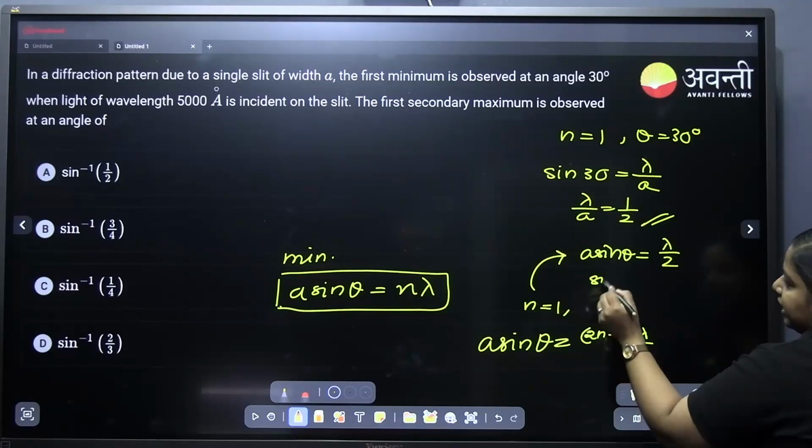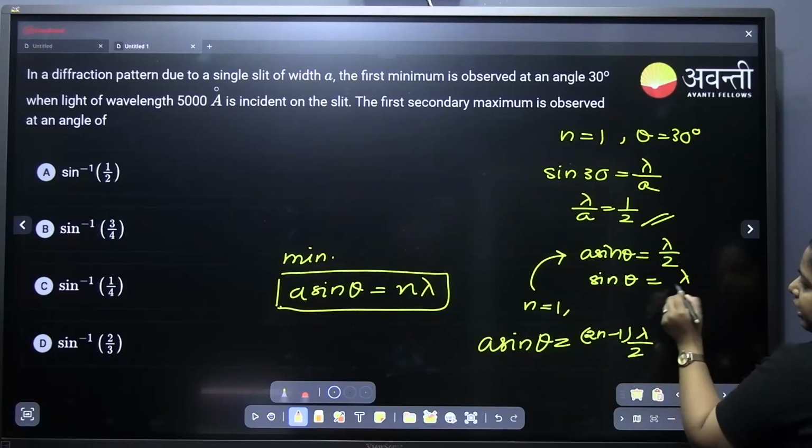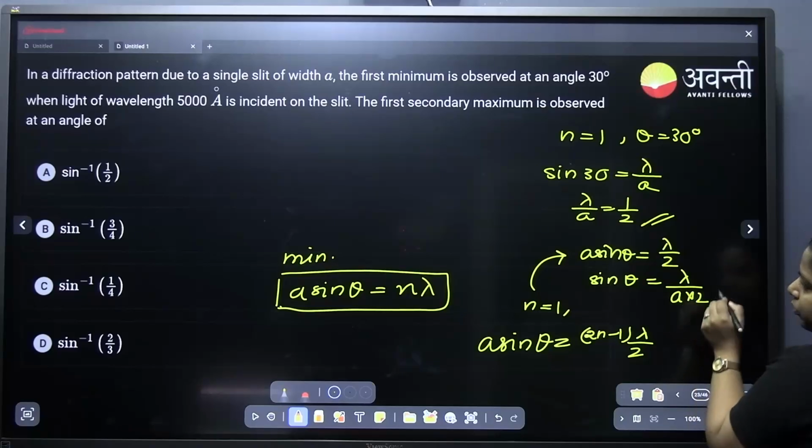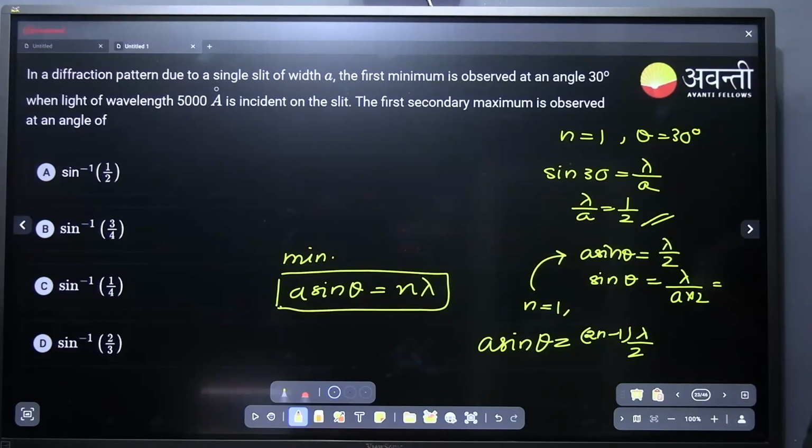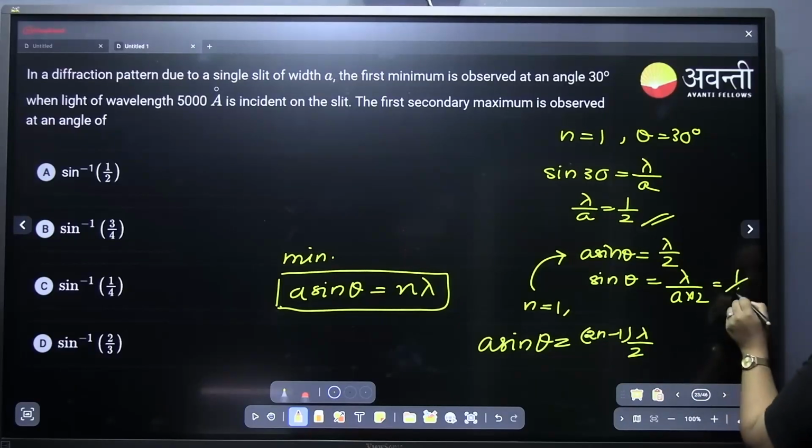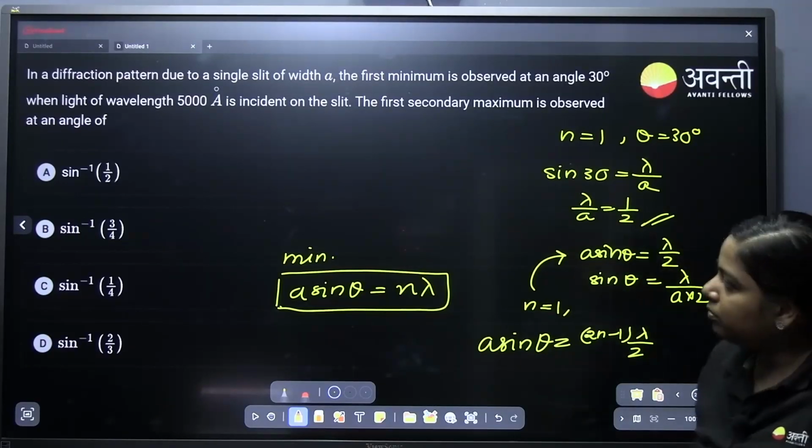Then sin theta equal to lambda by a into 2. This we will get as what? Lambda by a is 1 by 2, so this is equal to 1 by 4.